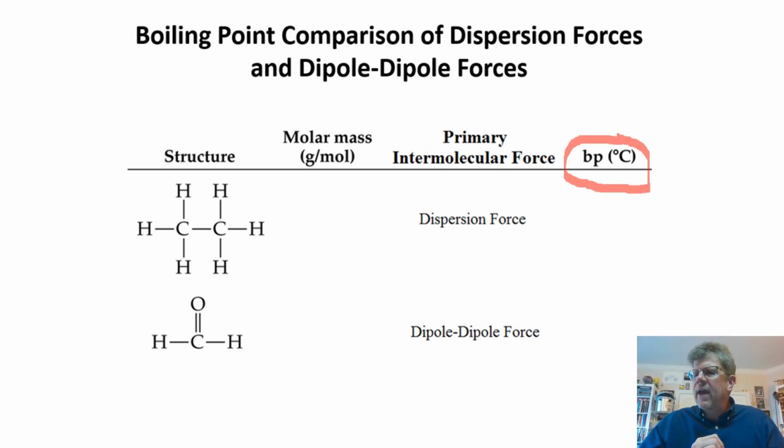So if I have a comparison of two liquids, and one of those two liquids has very high intermolecular forces between its particles compared to the other liquid, if I add heat to this sample whose particles have high intermolecular forces, I'm going to have to add a lot of heat until that extra heat energy overcomes those strong intermolecular forces, a higher boiling point.